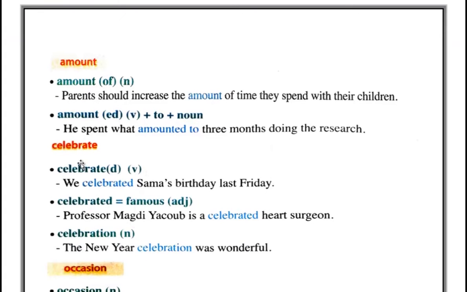We have the word celebrate, right? Celebrate here, what does it mean? To enjoy or to have fun, to enjoy yourself. This is the meaning of celebrate. We celebrated Sam's birthday last Friday.